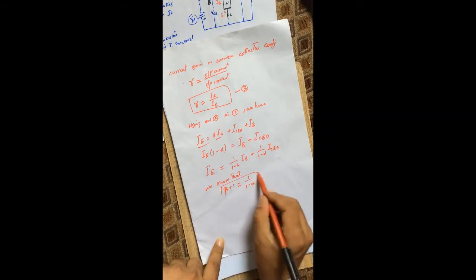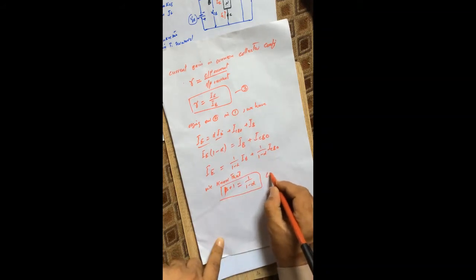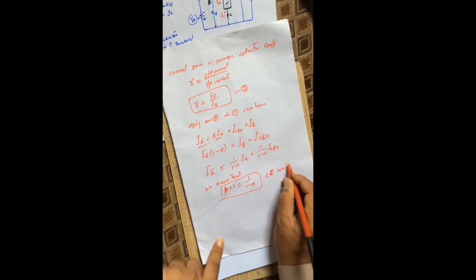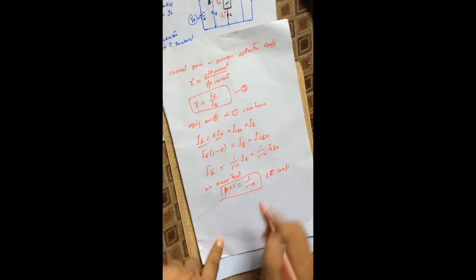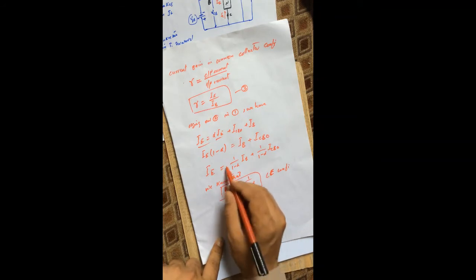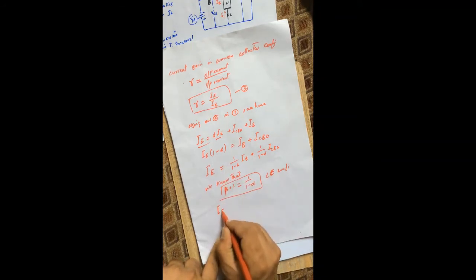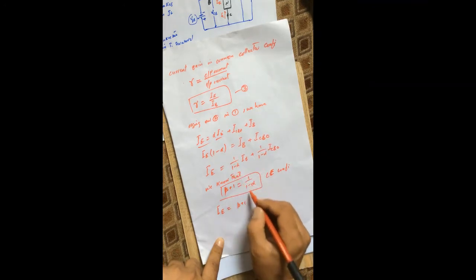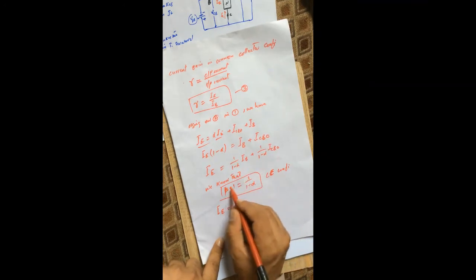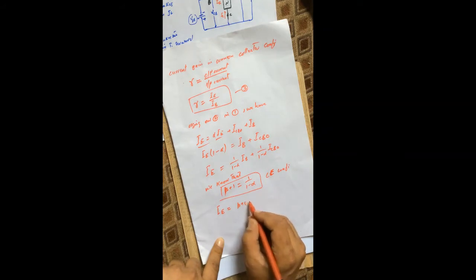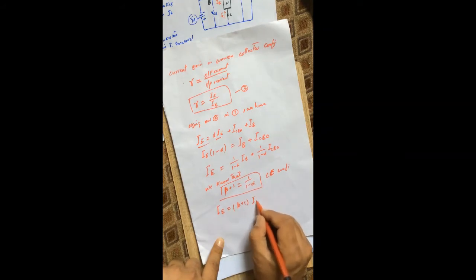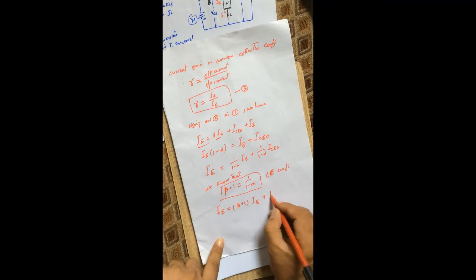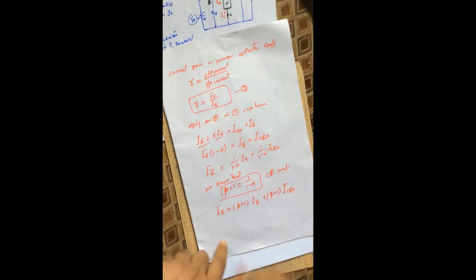So using these values in the above equation, the emitter current, the output current, is equal to beta plus 1. Instead of 1 over 1 minus alpha, I put beta plus 1, times IB, plus again beta plus 1 times ICBO.